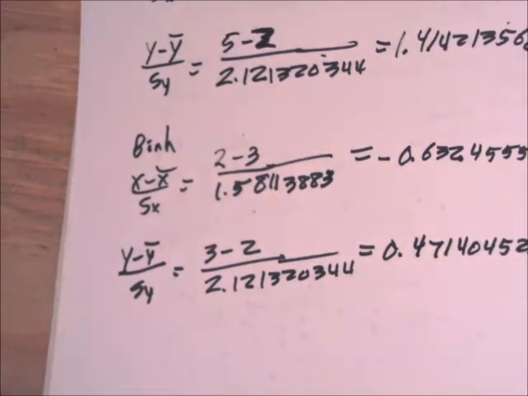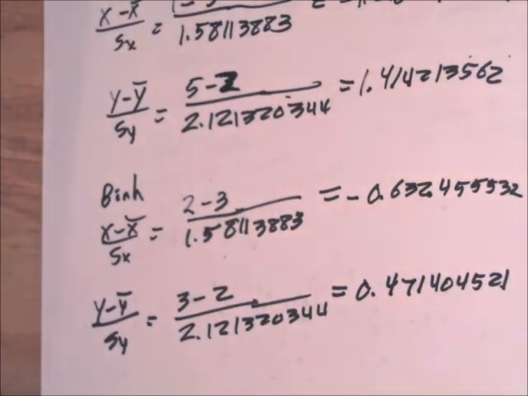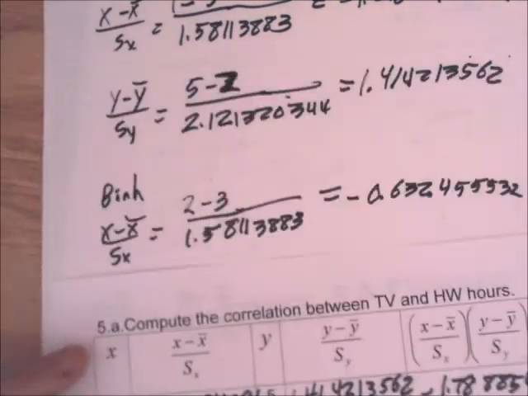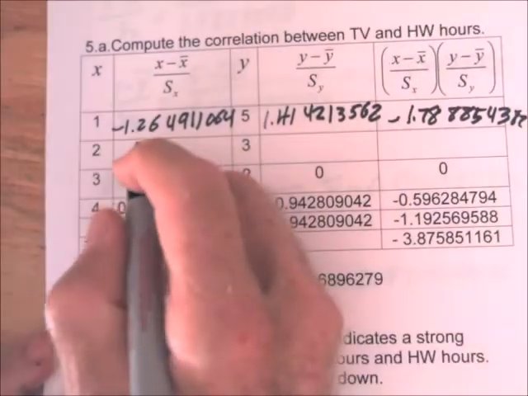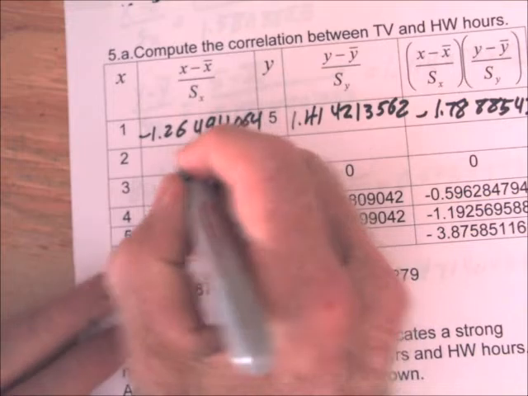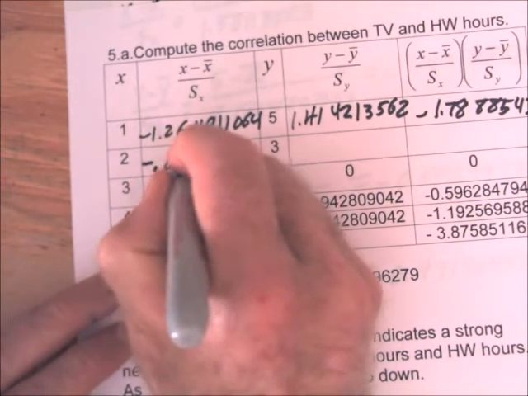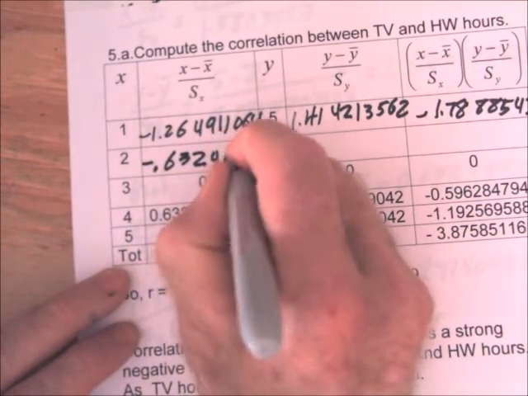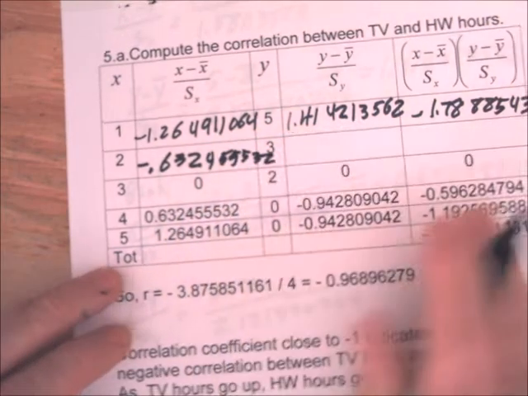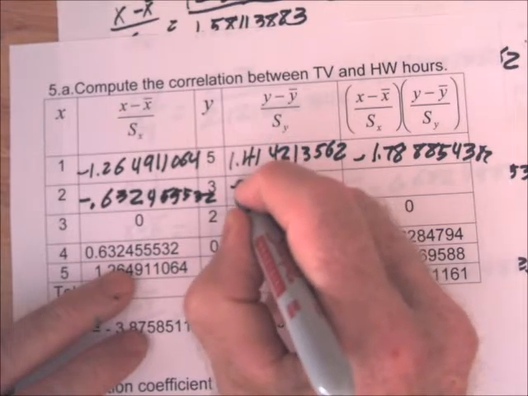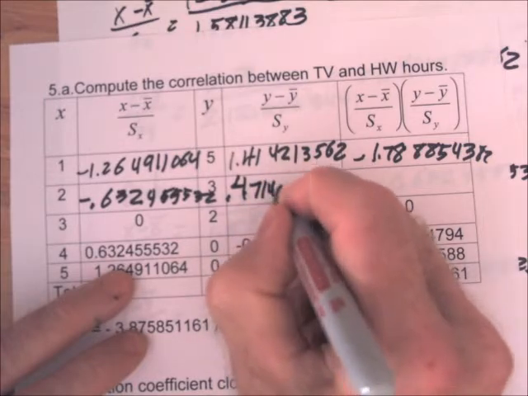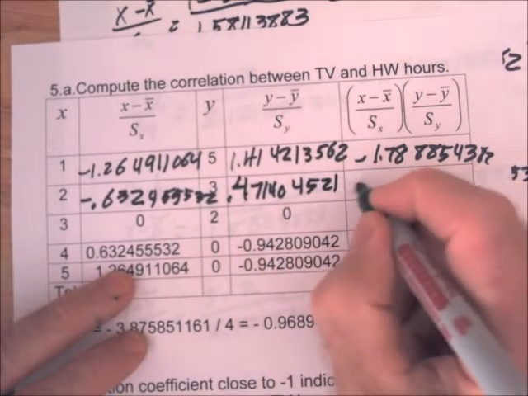Okay, so we can fill those numbers in. So this is going to be negative 0.632455532, and this one is going to be positive 0.4714044521, and multiply them.